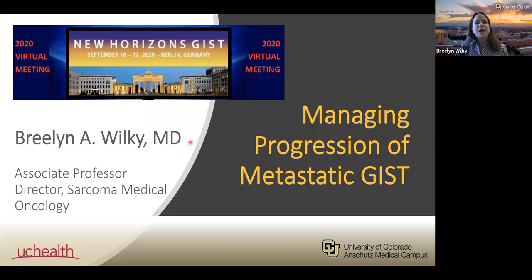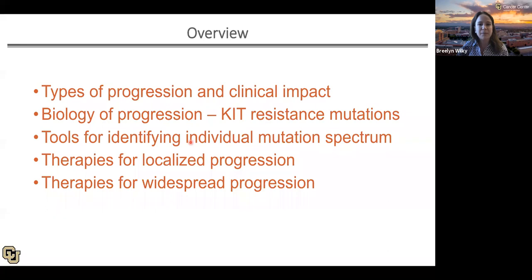All right. So over the next few minutes, we're going to talk about managing progression of metastatic GIST. We're going to delve into the different types of progression and how they differ in impact on patients. We'll spend some time talking about KIT resistance mutations, which are really what drive the biology of progressive disease.